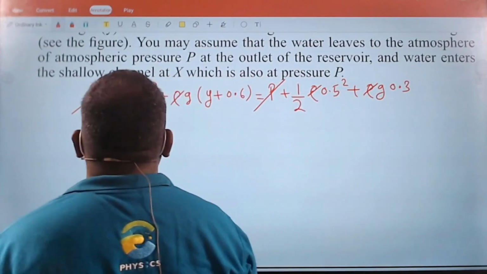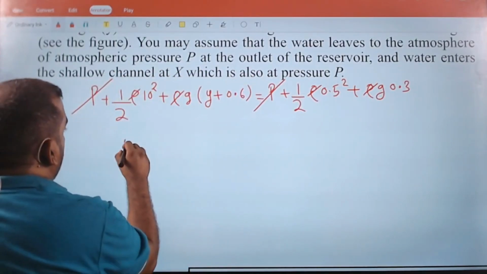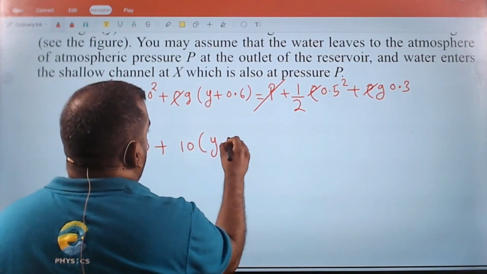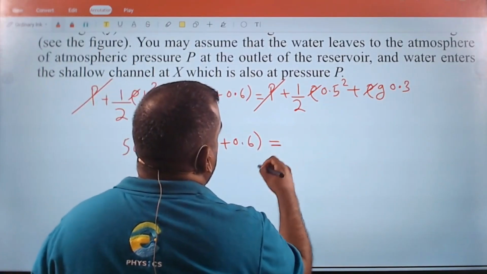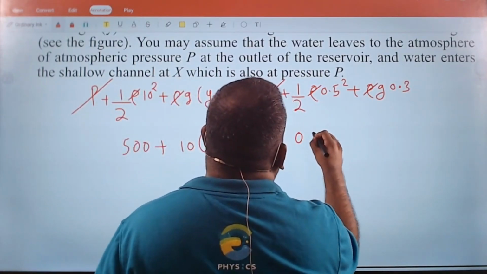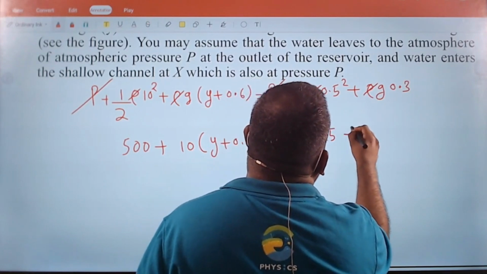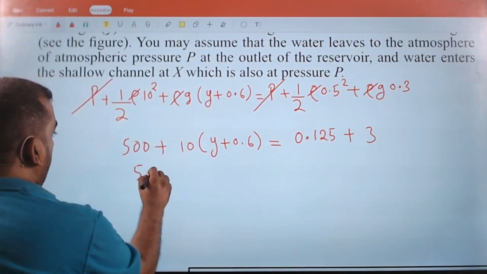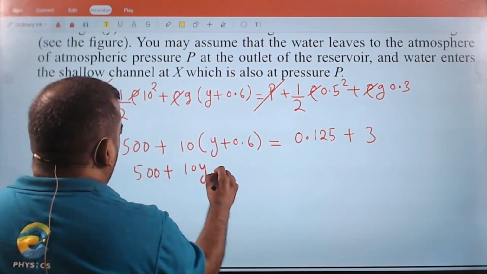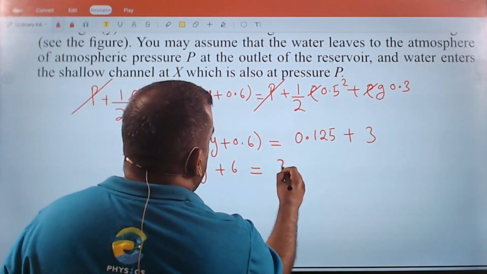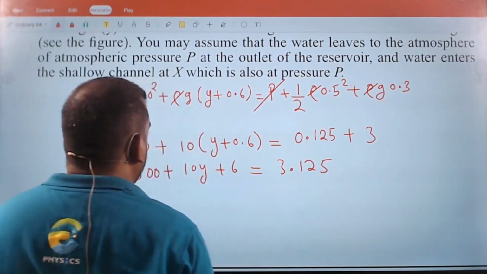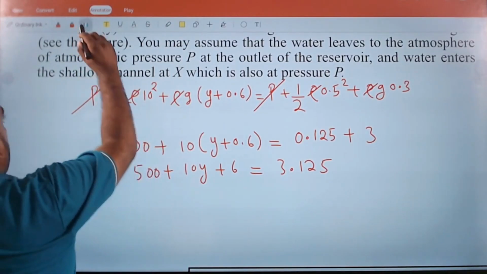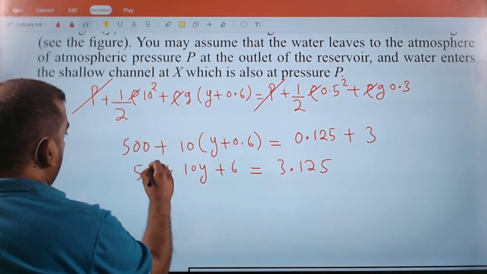Rho cancels off. 1000 divided by 2 is 500. 10 times y plus 0.6. 0.25 divided by 2, 0.125. Here 3. 500 plus 10y plus 6. 3.125. Sorry, here it's 100 divided by 250.